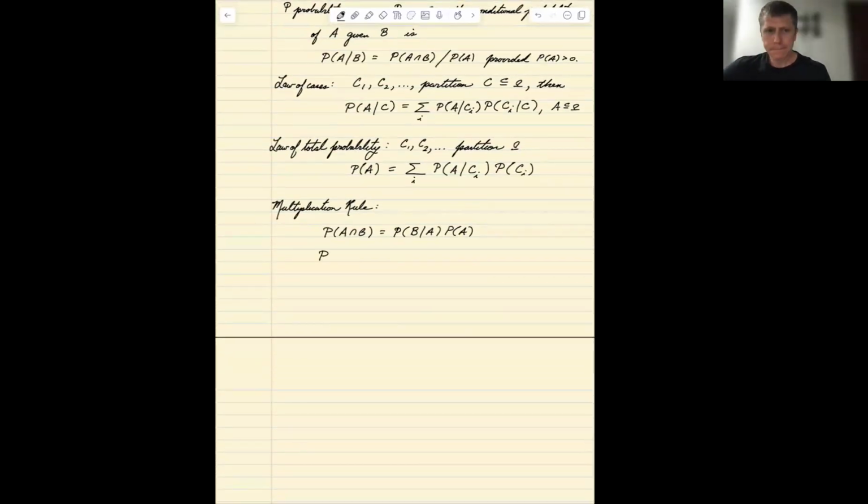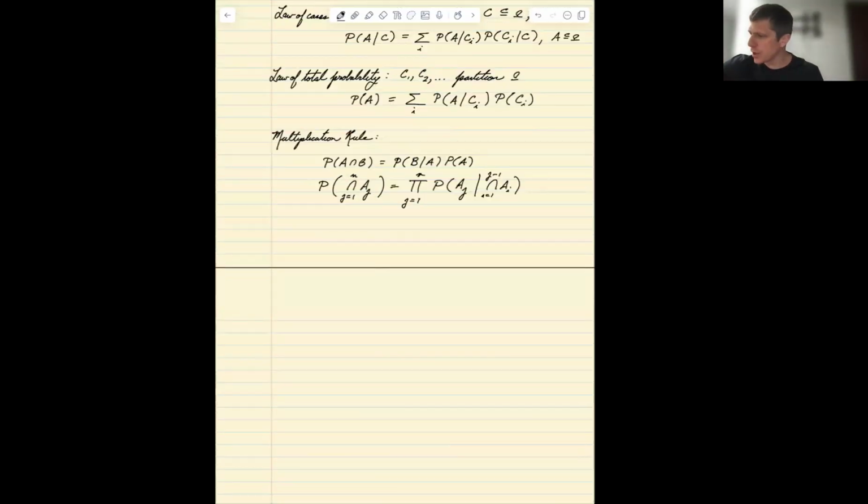And in general, for multiple events, it is the product of the probabilities of Aj given the intersection of the earlier events, where we define the intersection from 1 to 0 as the entire space. How do we prove this?